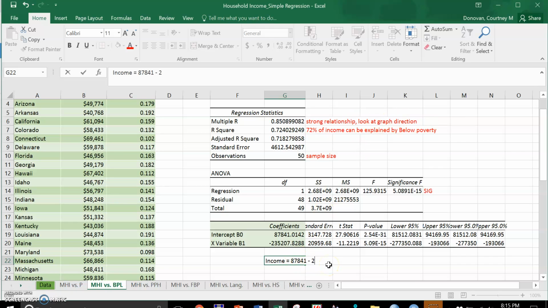So we're going to say minus, in this case, 2.5 times below poverty. And we could now use this equation to predict a specific state, or to predict a county, or to predict other things similar to it.